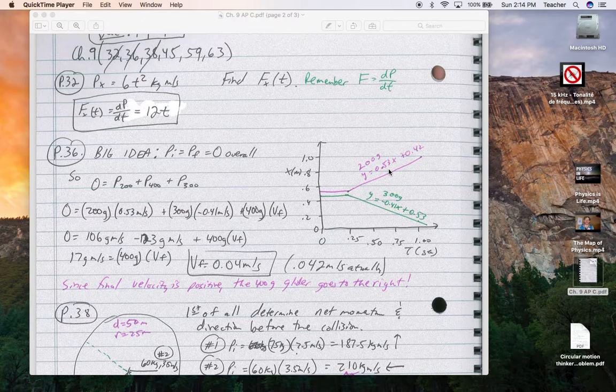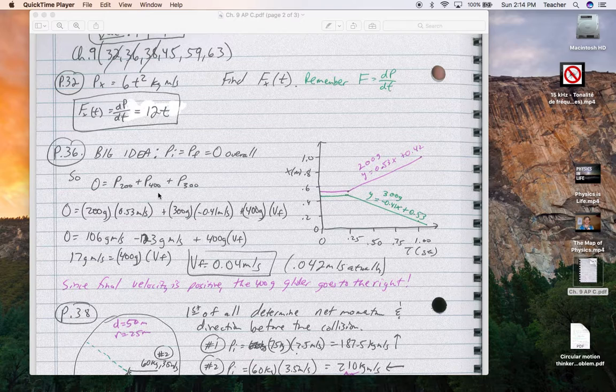So it's positive 0.53 meters per second. Here it's negative 0.41 meters per second. The overall momentum before and after would be equal, since the explosion caused by the spring causes forces to be equal and opposite. So if my initial momentum is 0, the total momentum afterwards has to be 0.